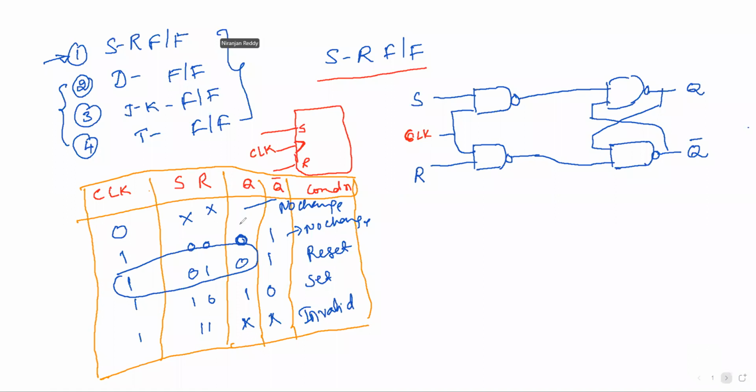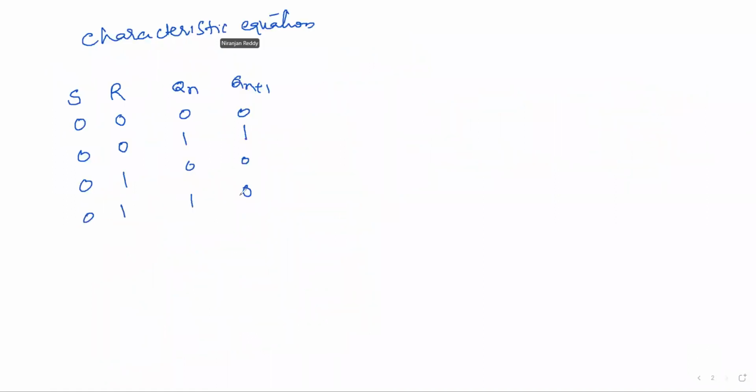So 0, 1 is the input, and whatever may be the value of Qn, Qn plus 1 is 0. Next 1, 0. It is 1, right? Whatever may be the value, for 1, 0 check the truth table. It is 1 only, right?